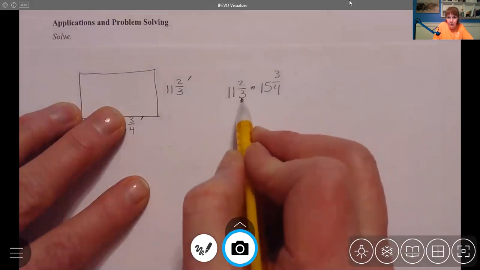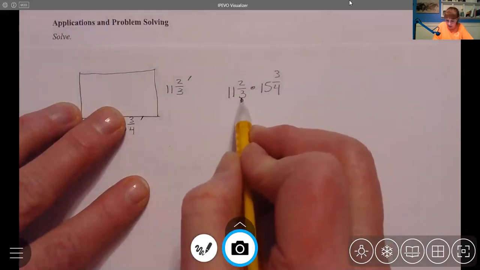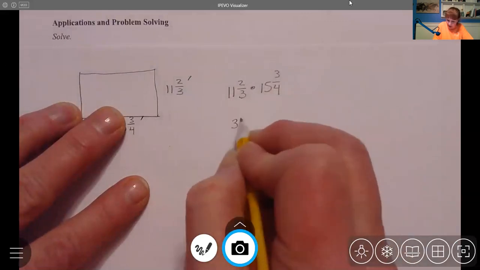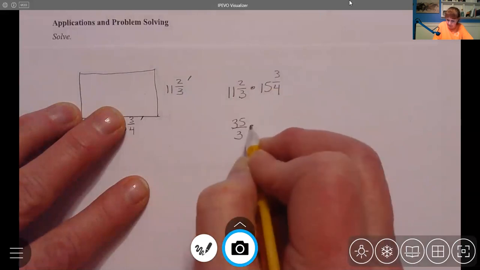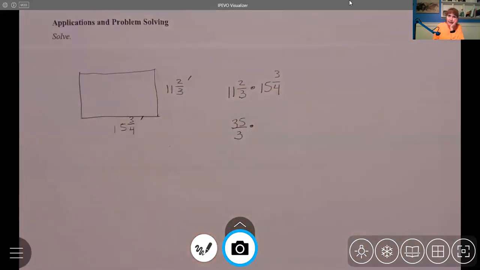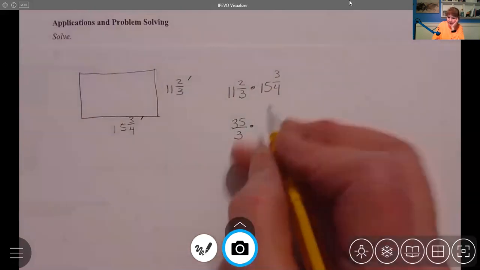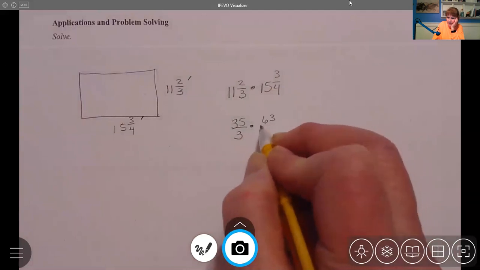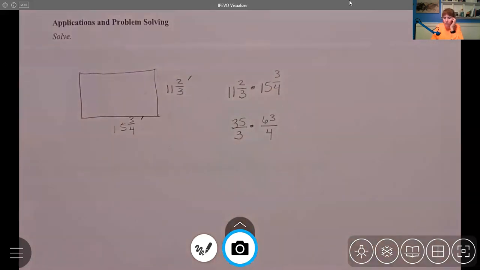So 11 times 3 is 33, plus 2 is 35. Boy, I hope some of this reduces down. 15 times 4 is 60, plus 3 is 63 over 4.